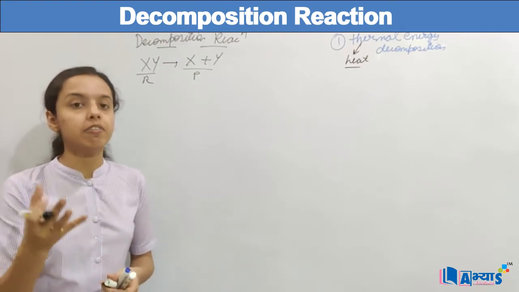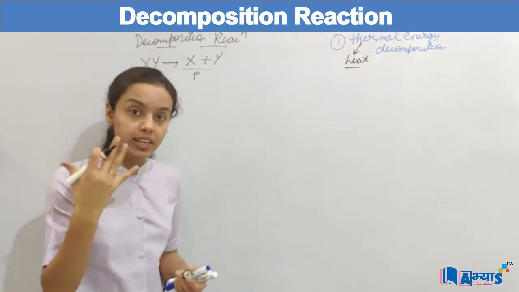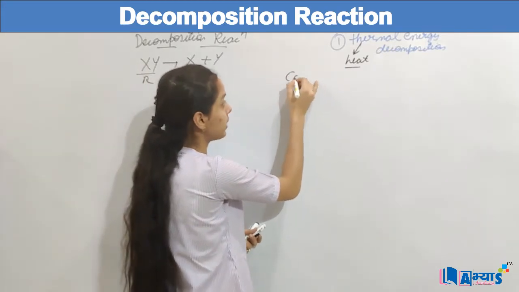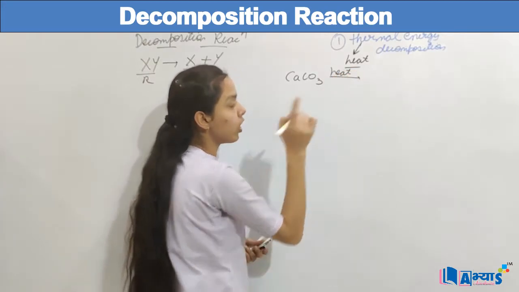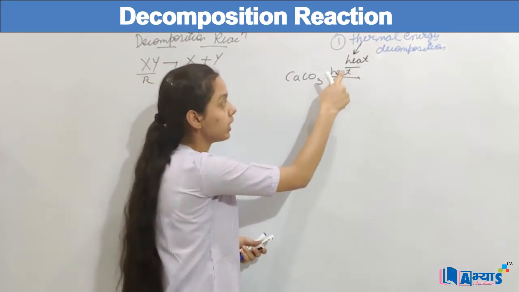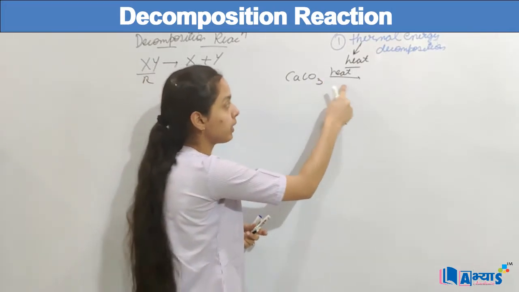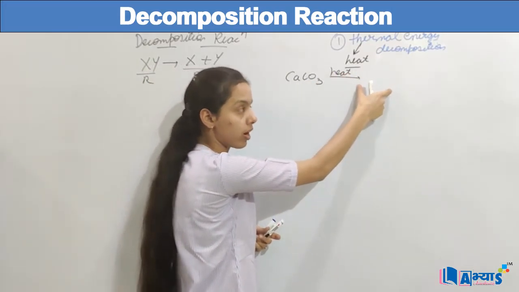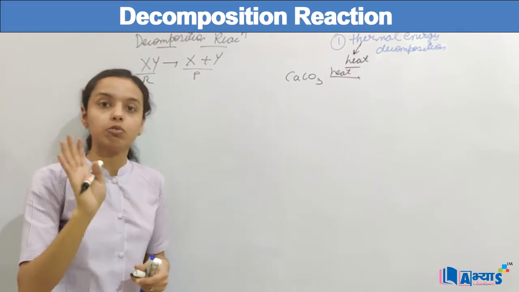Like for example, if I am supplying heat to the calcium carbonate, which is actually limestone. So calcium carbonate is CaCO3. When I am supplying heat, you always have to write the heat on the upward side, above the arrow. So arrow means we are changing from reactant to products, and on the arrow you have to write the word heat.